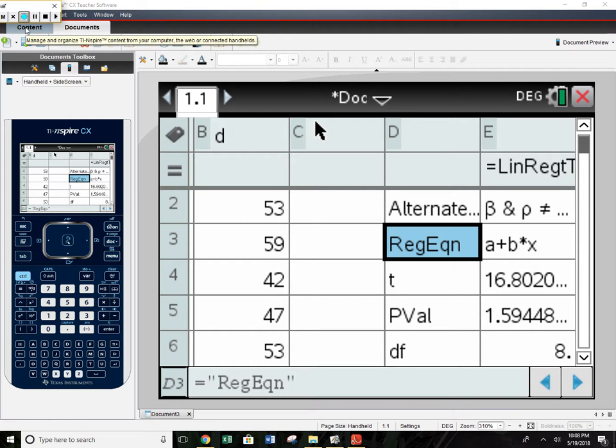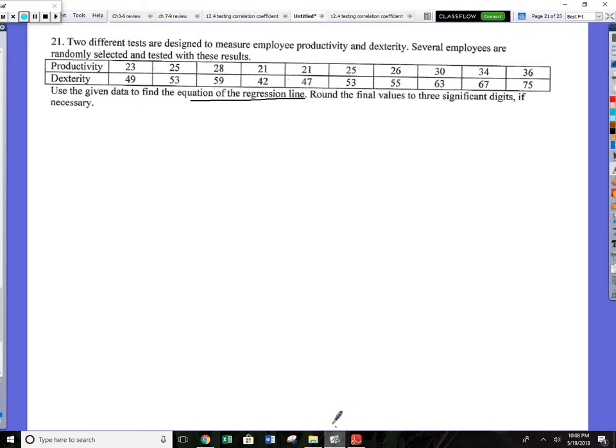Okay, so here's what that means. They didn't even ask you to do any of this, but this is good. So your null is always defaulted that the correlation is 0.